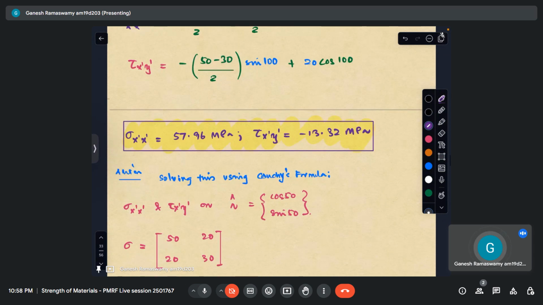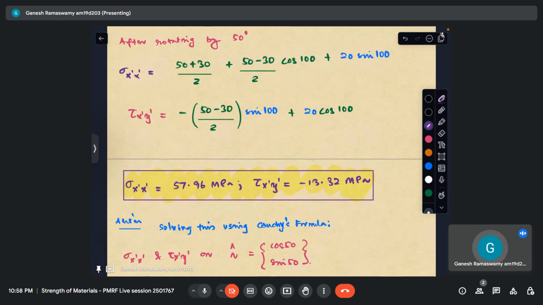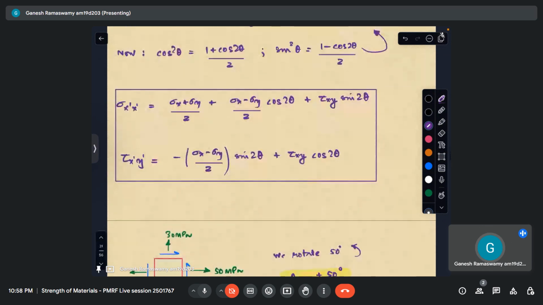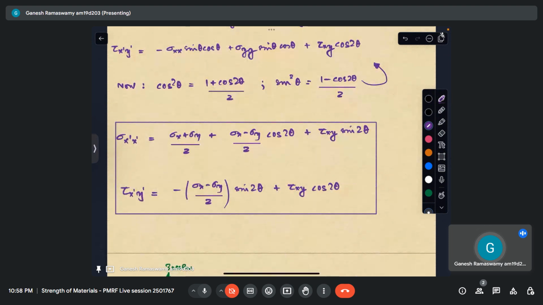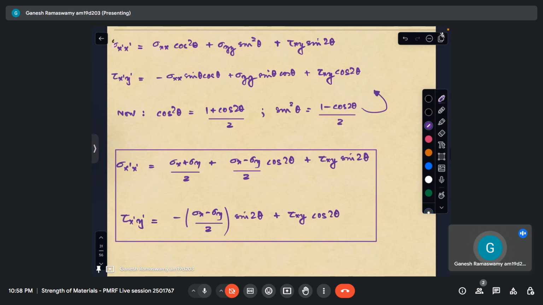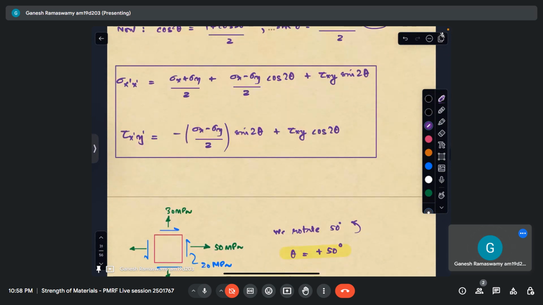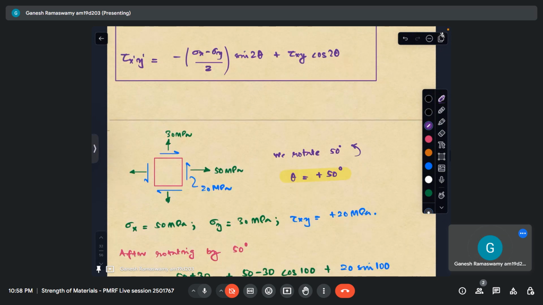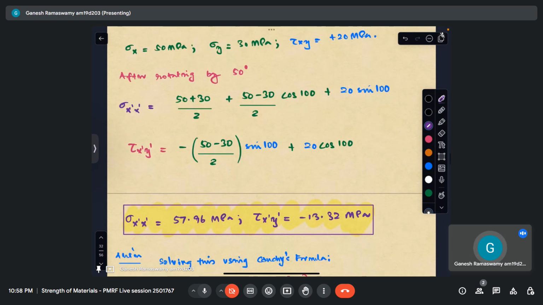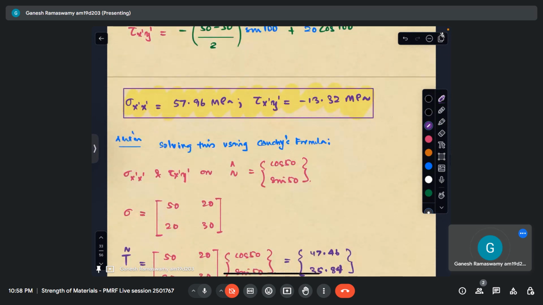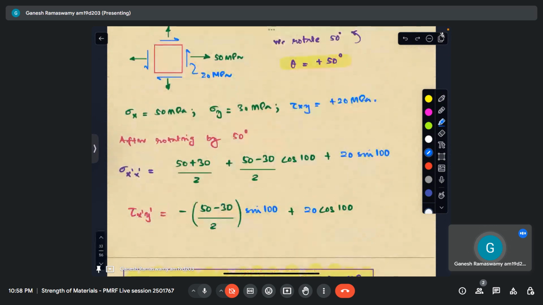So one of the needs is, if we want to obtain the sign also, we need to go for these stress transformation equations in order to actually obtain the results with signs. So far, so good. For this example, we derived the stress transformation equations, opened them out, wrote them in the long form, and we saw for a simple problem how it is to be applied, and we were able to find out the normal and shear stress on a plane that is rotated by 50 degrees.